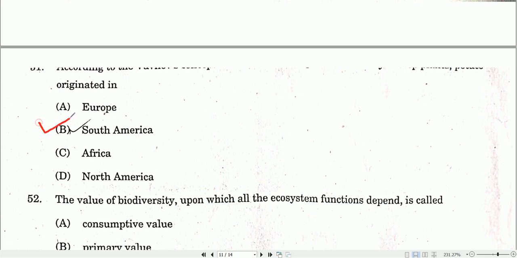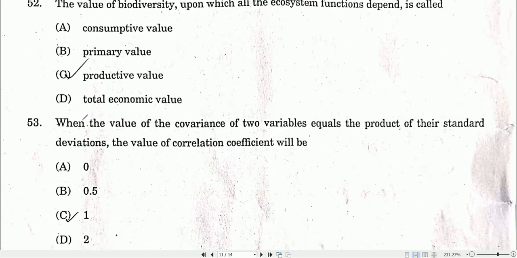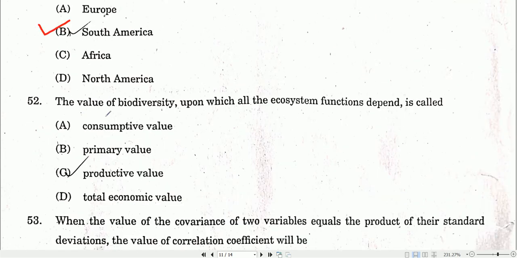So option B will be the correct one. Coming to question number 52. The value of biodiversity upon which all the ecosystem functions depend is called the primary value. So option B will be the correct one.